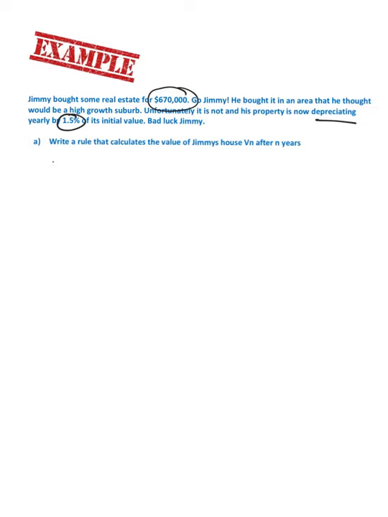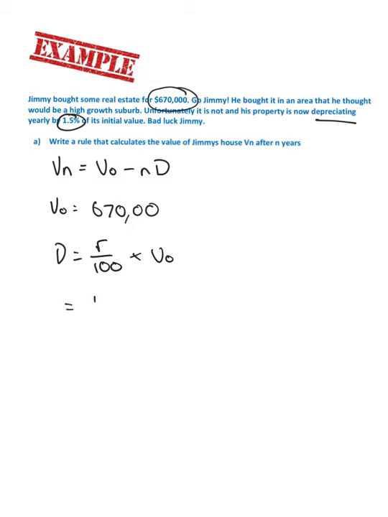We know that our rule is going to come in the form of Vn equals V0 minus nD. So we need to create the rule. We know that V0 is equal to 670,000, and we know that D is going to be equal to R over 100 times V0, and we know that R is 1.5. So 1.5 over 100 times 670,000, which is equal to $10,050.